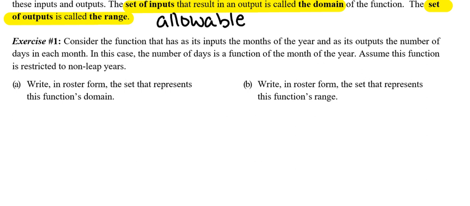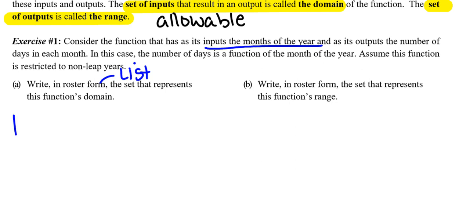So it says right here that the inputs are the months of the year. That's what your domain is. Your domain is inputs. Roster form is just a list form. It just means a list.